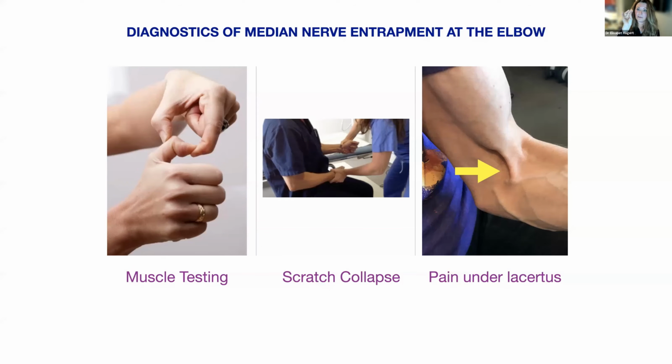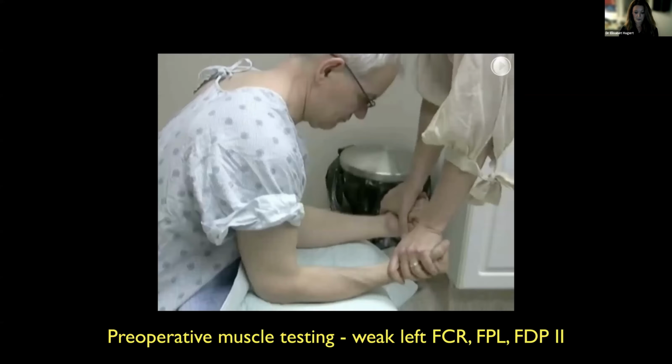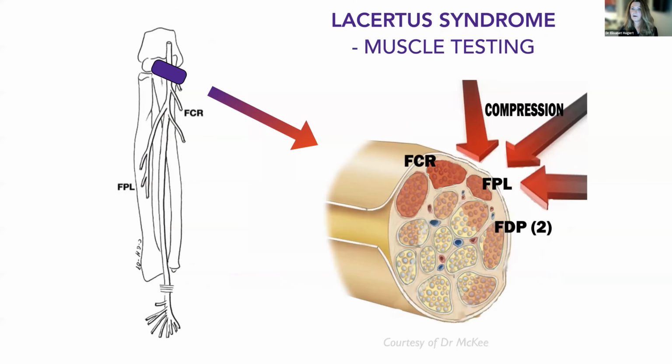And that's why that is the finger that goes numb first for our patients. Well, if you look at the Lacerta fibrosus, you will find that the axons that are most superficial underneath it are those to the FCR, the FPL, and the FDP2. So those are the 3 muscles that you need to examine to look for Lacerta syndrome.